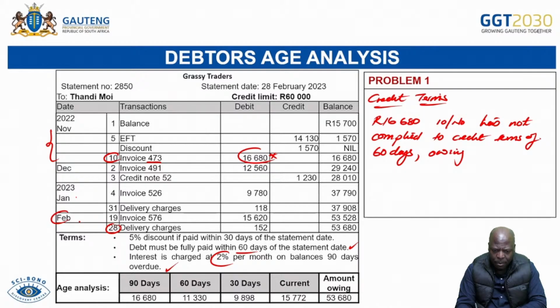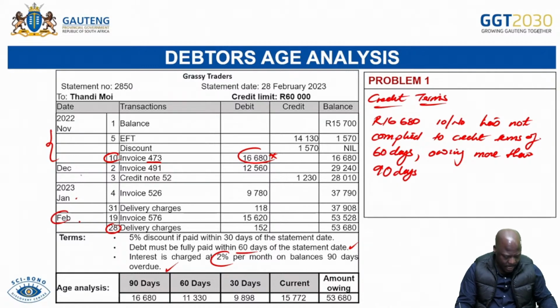This is Feb, January, December, that is November, so that is owing for more than 90 days.